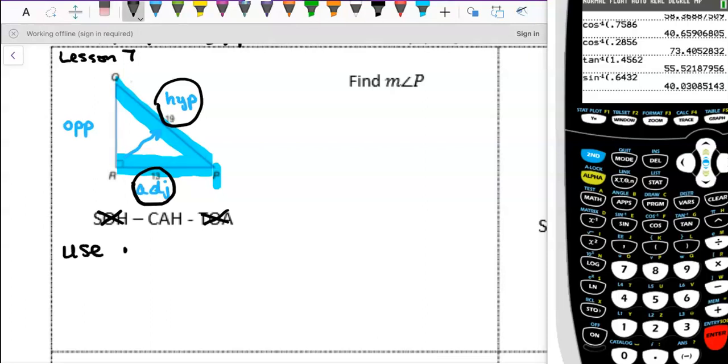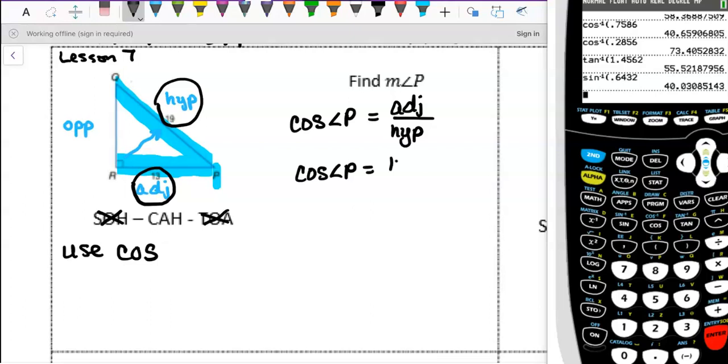We know that the cosine of angle P equals the adjacent side over the hypotenuse. So the cosine of angle P equals 13 over 19.